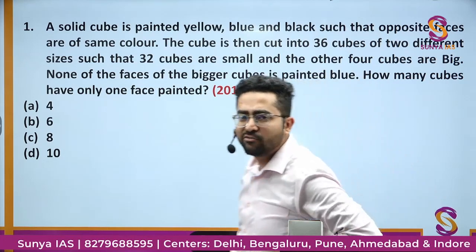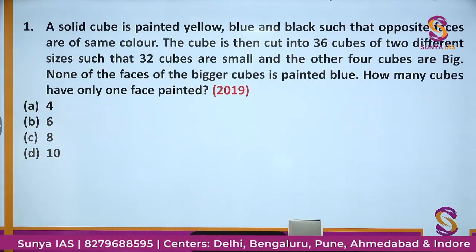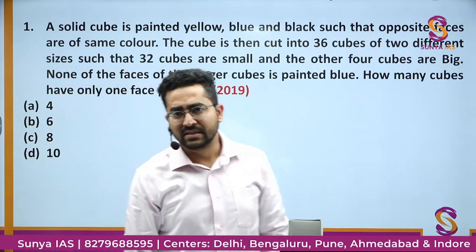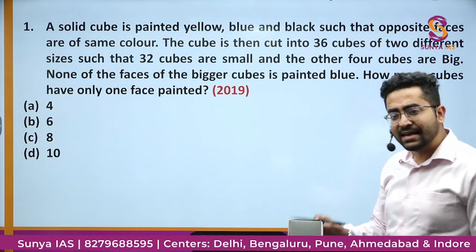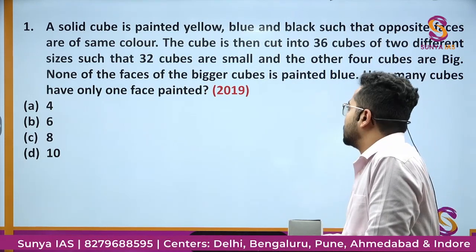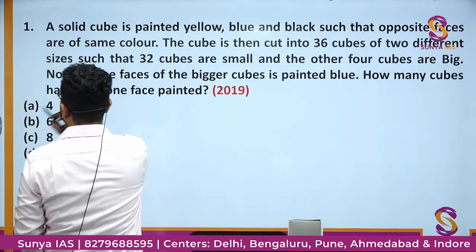So this question was asked in the year 2019. You can find that this is not a straightforward question. That's why I told you that understanding of that logic is very important in solving these questions. So a solid cube is painted yellow, blue and black, so these three colors are there.